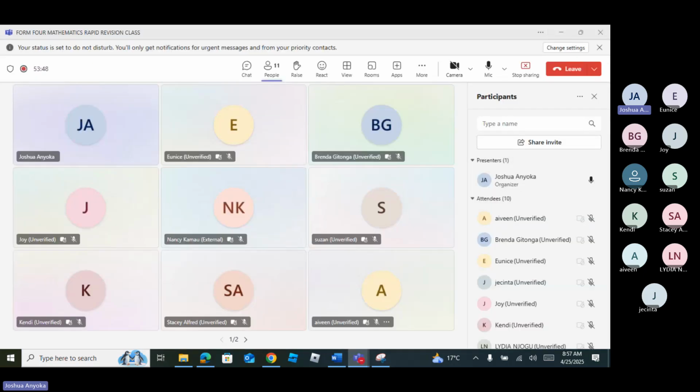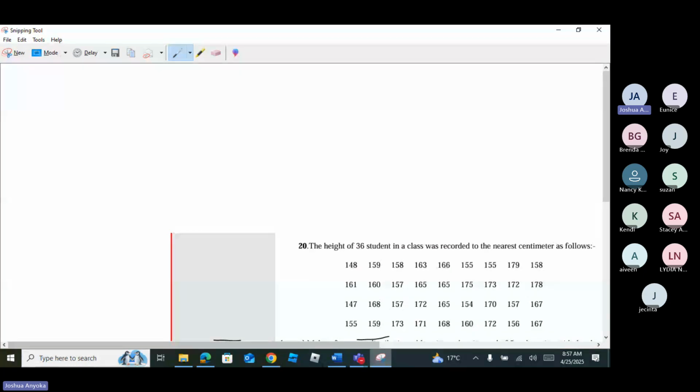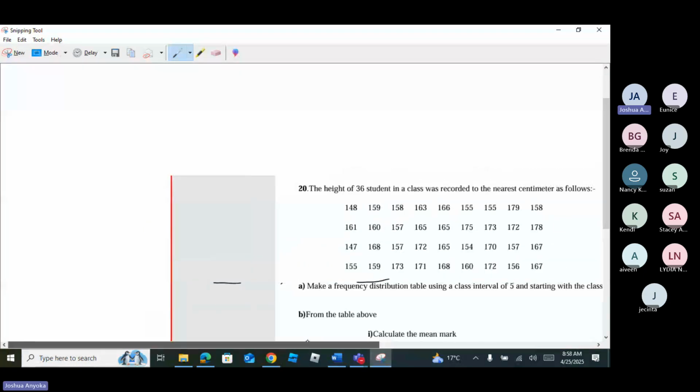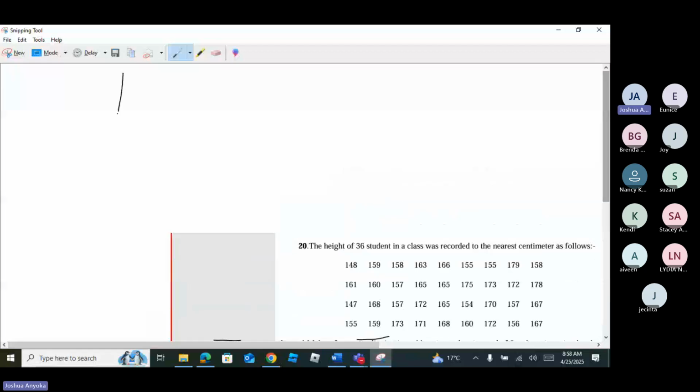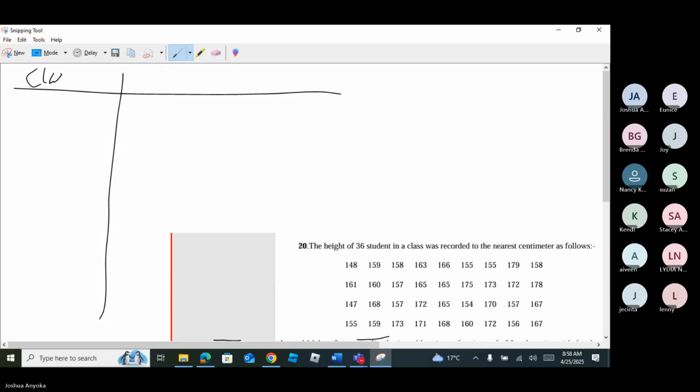Frequency distribution table, interval 5, starting with 145 to 149. So we get our first class. I know this is what you have done. You are going to give me the classes and then the frequencies. Our first class is 145 to 149.